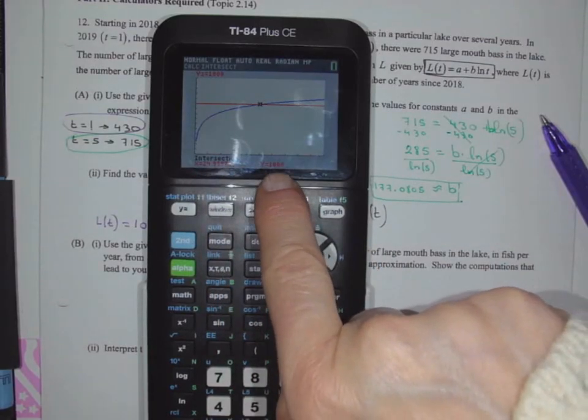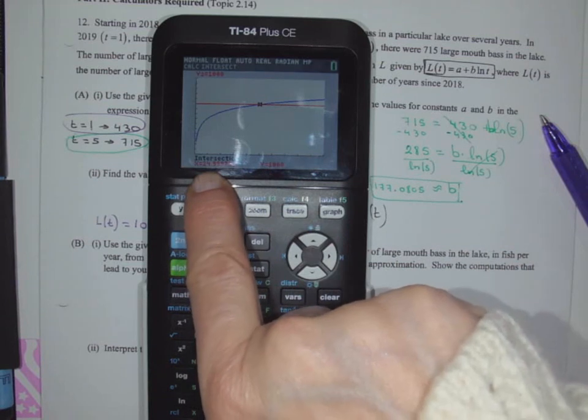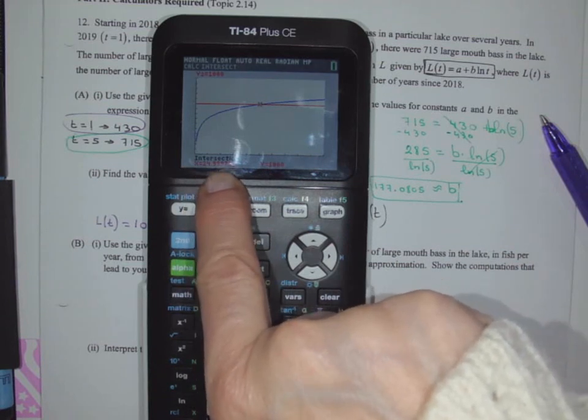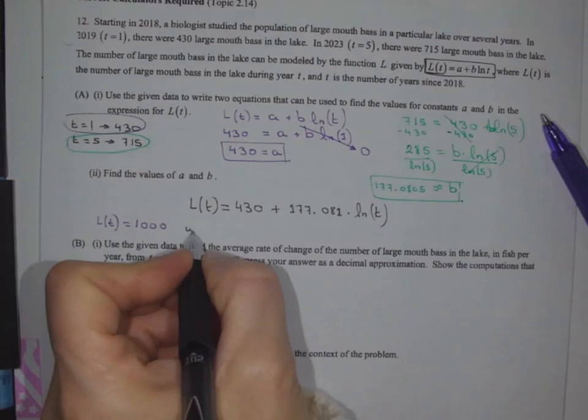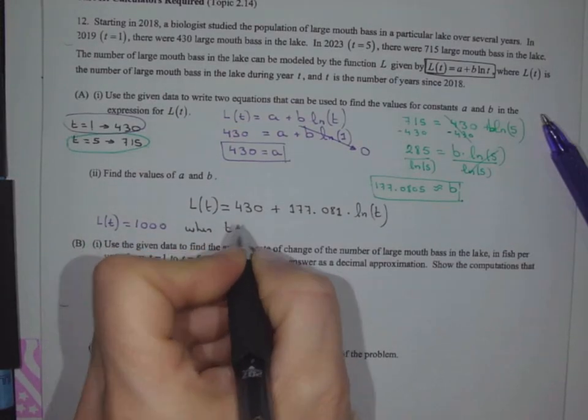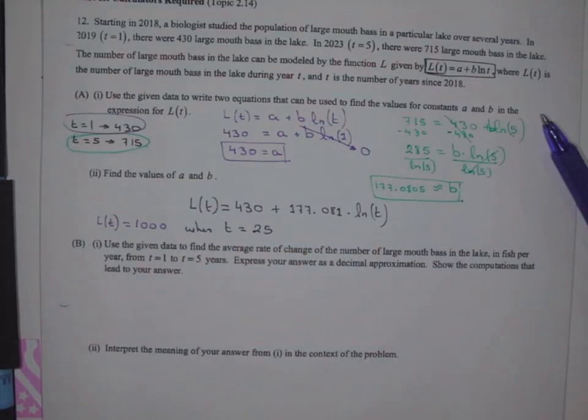Okay, we're going to have 1000 fish when t is 24.999. So I'm going to say 25. So we're going to have 1000 fish when t equals 25. And that will be 25 after 2018, right?